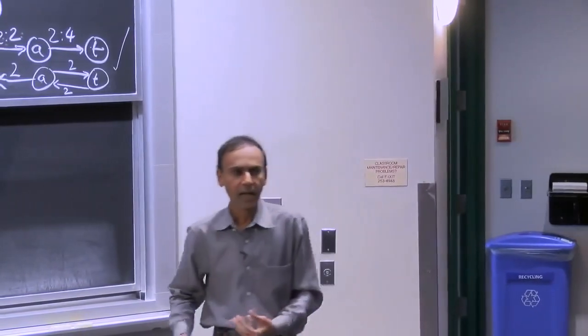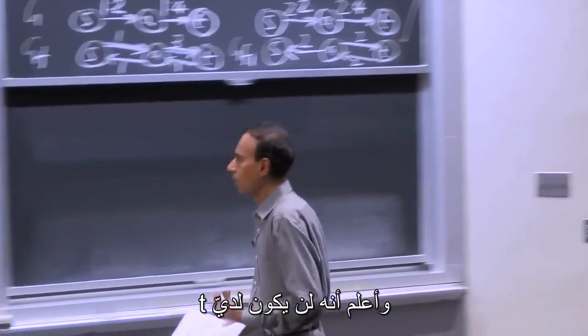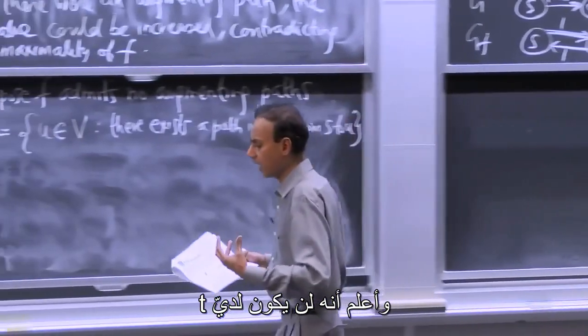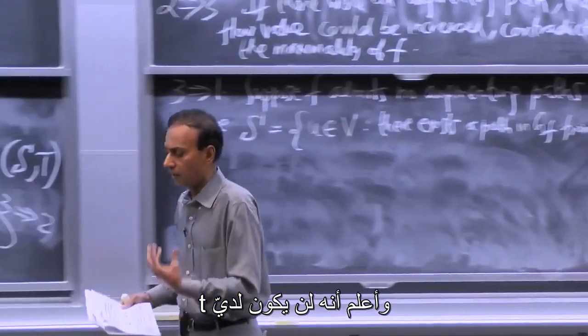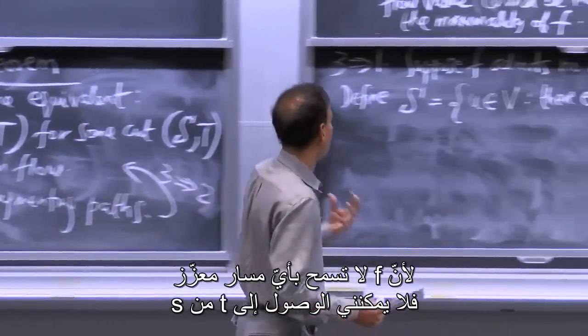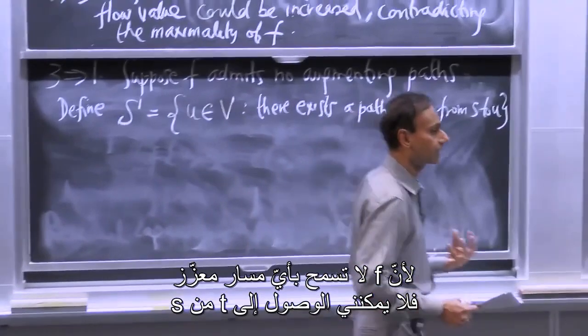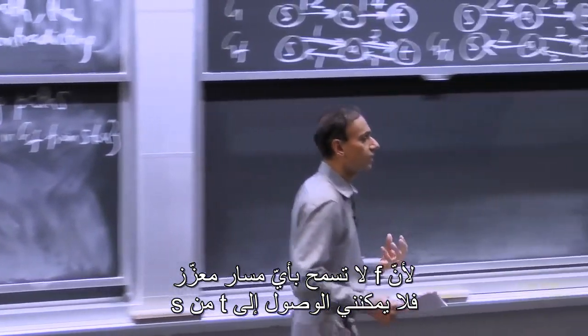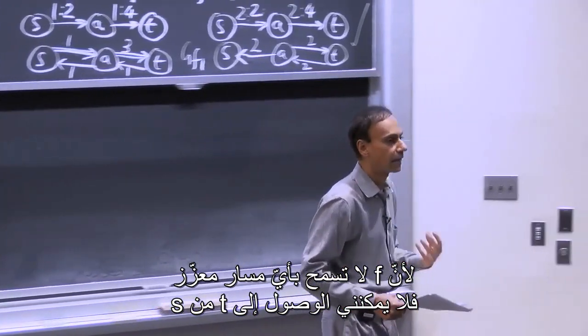And I know that I'm not going to have t, small t, in this set, because F admits no augmenting paths, so I can't possibly reach small t from small s.